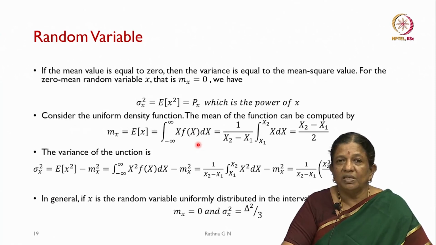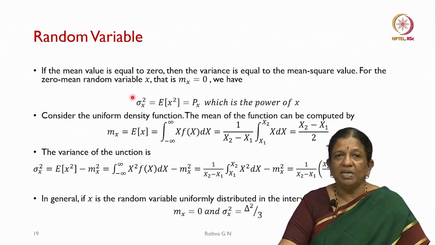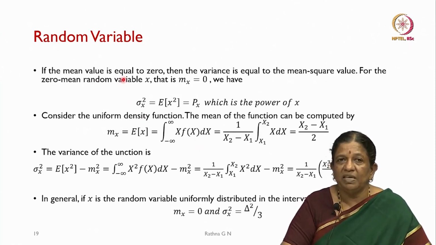This is some of the random variable definitions we will be seeing. If the mean value is equal to 0, that is mx is equal to 0, then sigma x squared is nothing but expected value of x squared, which we call px, the power of x basically.